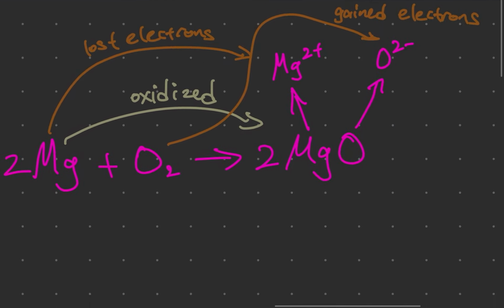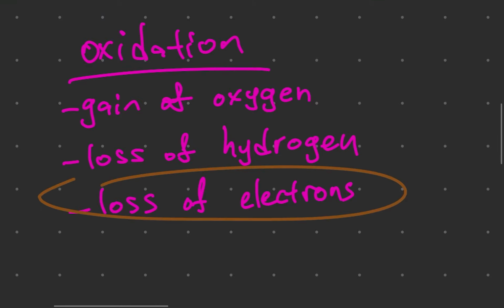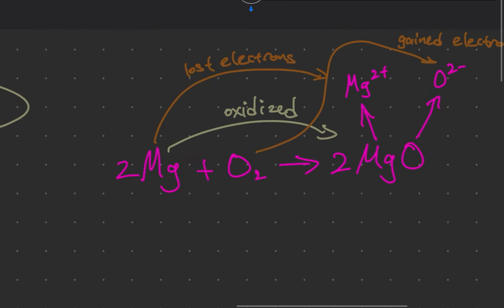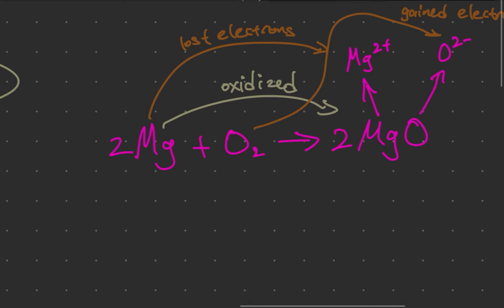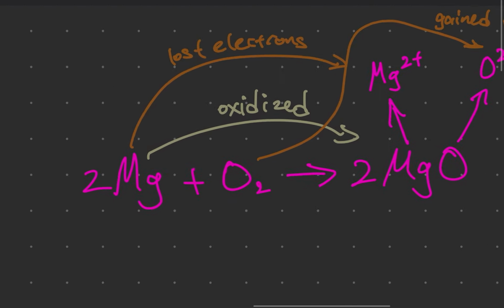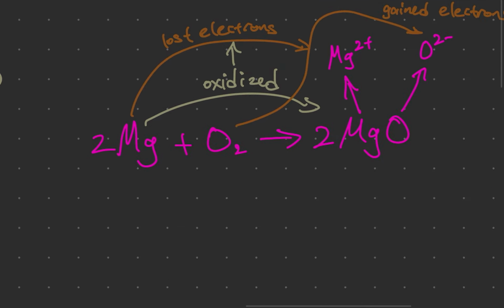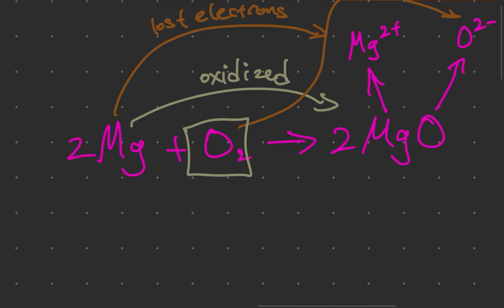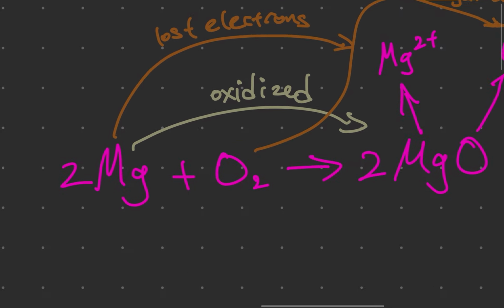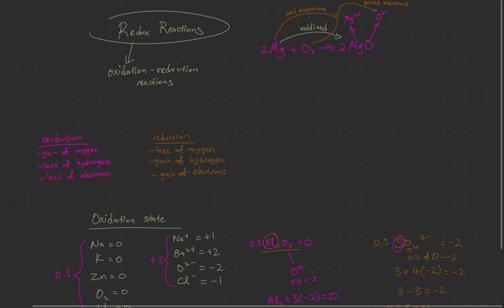Since we know that oxidation is also a loss of electrons, and magnesium lost electrons because its electrons got gained by oxygen, we can say that magnesium got oxidized because it lost electrons. And that is why we say a gain of oxygen is oxidation, because it will result in the loss of electrons of its partner. Alright?